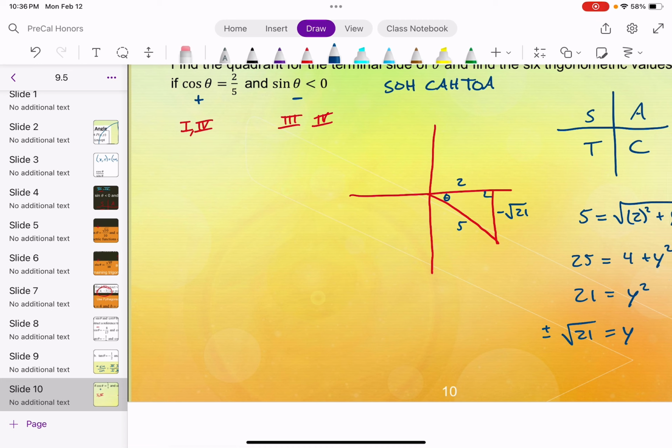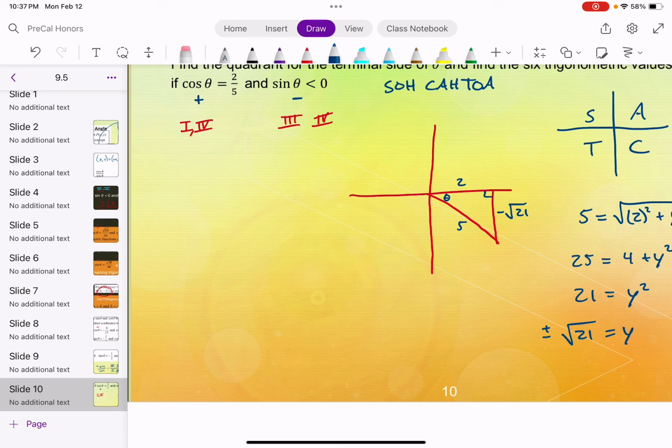We're going to go ahead and solve our trig functions. We're going to start off with cosecant of theta being, now keep in mind, this is 1 over sine. So we'll go ahead and start with sine in the first place.